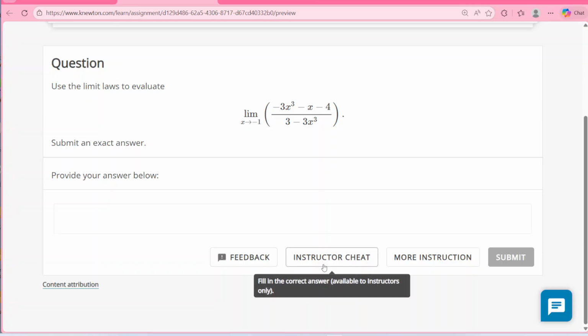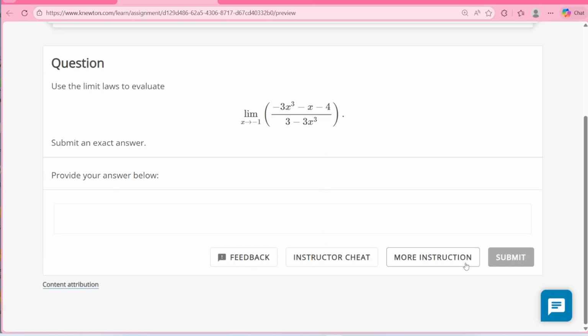Now this instructor cheat button, you will not have this, of course, as a student. This is for instructors only, and I'm not going to be using it here in the video. But you will see a more instruction button.